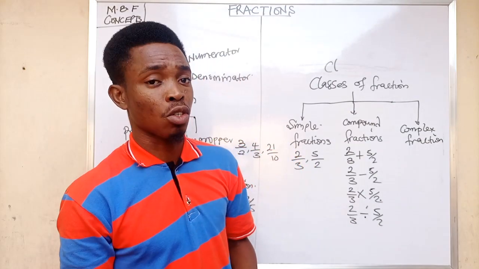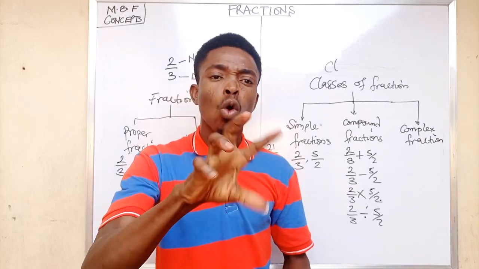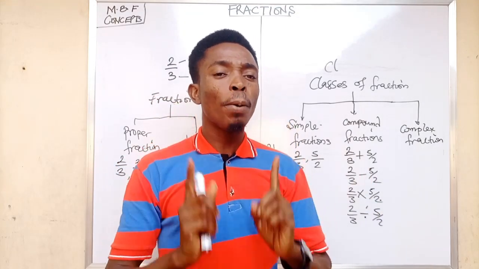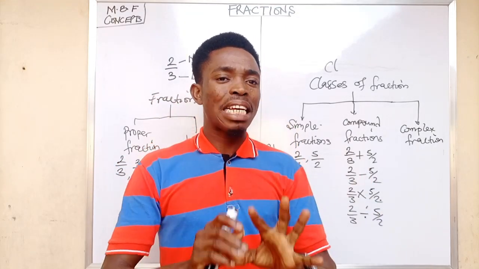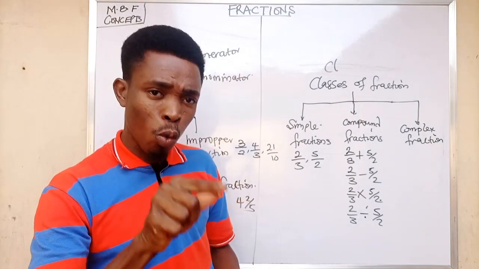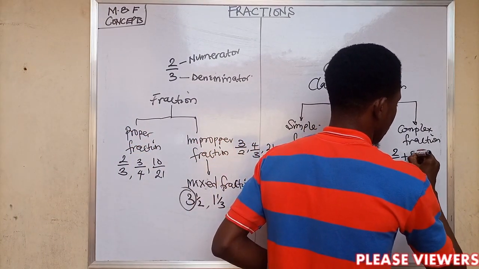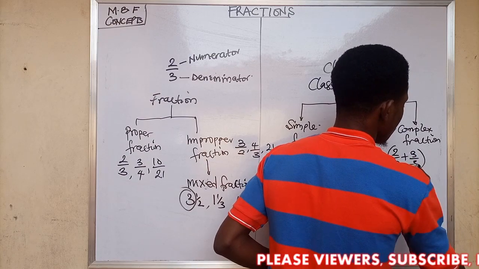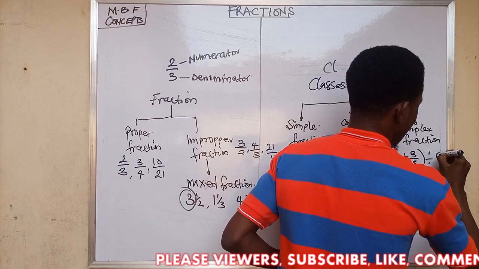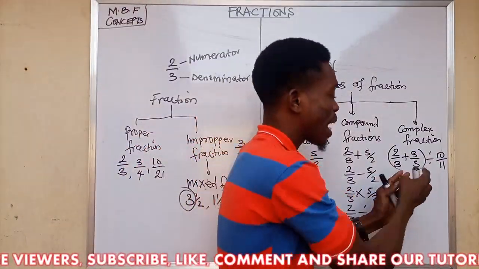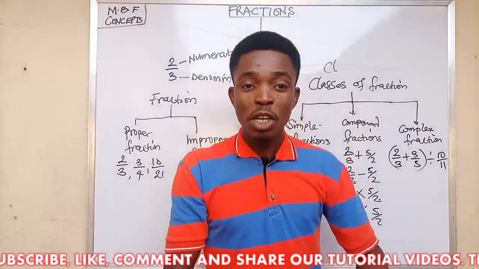And this form of fraction can only be solved with the rule called BODMAS. You have heard that word BODMAS before. Yes. So BODMAS is only used when you are dealing with complex fractions. And how does a complex fraction question come? You can have it as 2 over 3 plus 3 over 5 divided by 10 over 11. This is an example. You see that you have a bracket, you have addition, you have division.